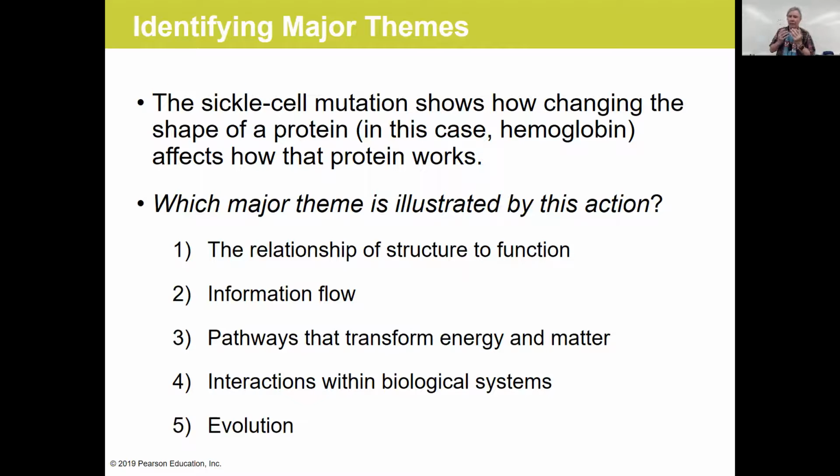But recent African ancestry, more likely to have sickle cell, because in West Africa, malaria is all over the place. It's abundant. The mosquitoes that carry it are everywhere. So everybody gets bitten by these mosquitoes.